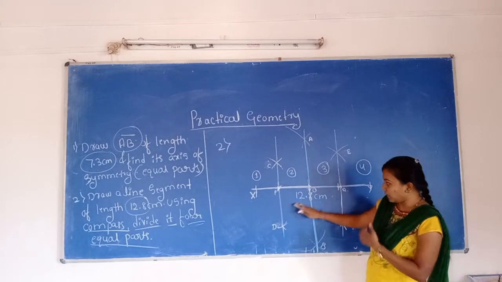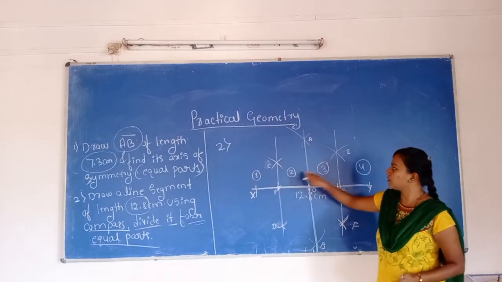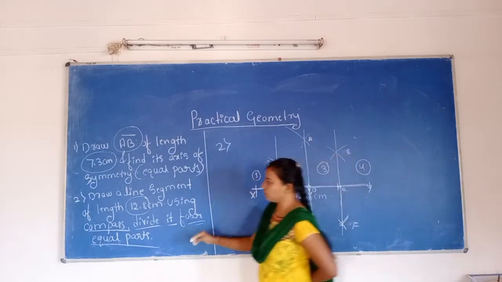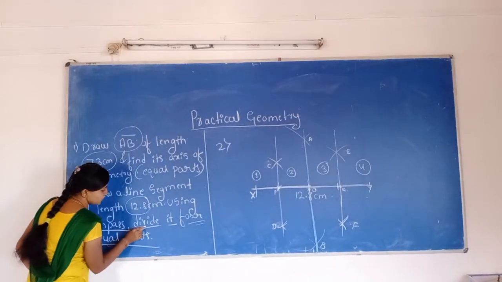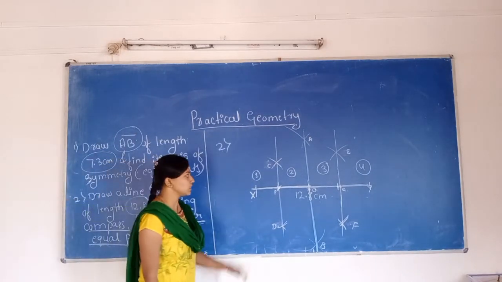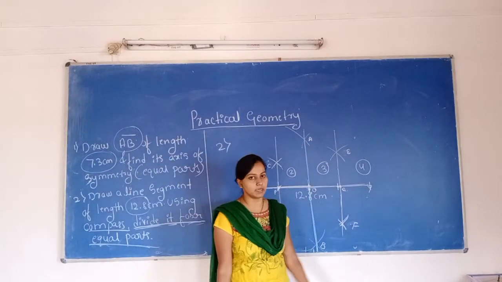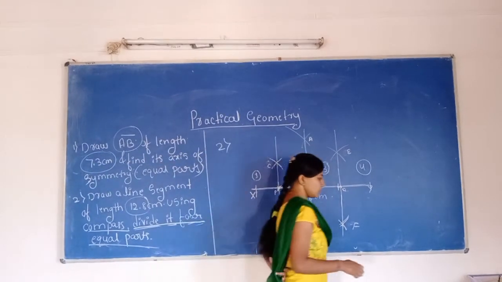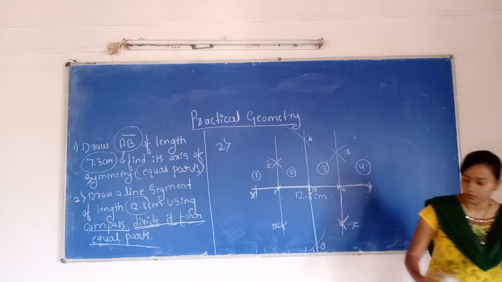We divided 12.8 centimeters into 4 parts. Here just observe, we said divide it into 4 equal parts, and so we made 4 equal parts. Is it clear? Okay.